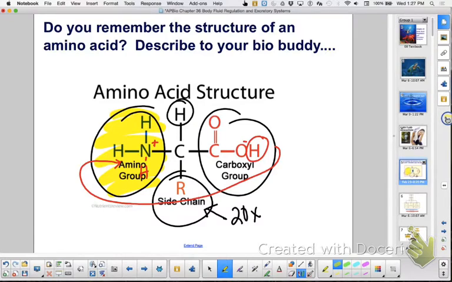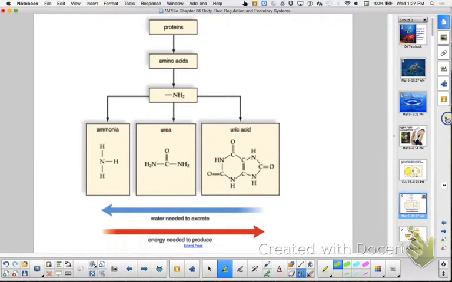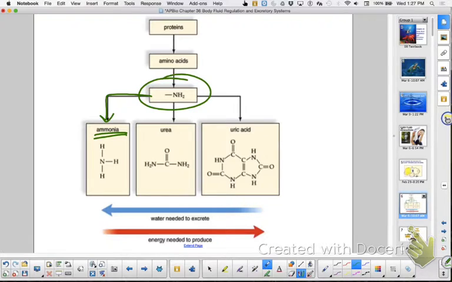So taking a look at this diagram, up at the very top you can see proteins, and you know proteins are built out of amino acids. And here we have that amino group off to the left. So what are you going to do with it? Well, three options. One, you could add a hydrogen, already has it on there, and you'll have ammonia. But when you think about ammonia, hopefully you think of it as a toxic substance.